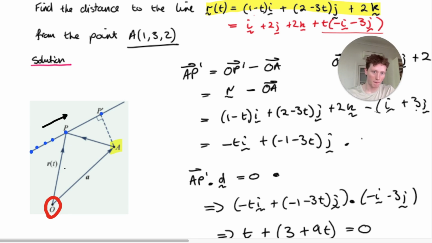And so when we're looking to find a distance, what's crucial is that, and why they've got this p prime in the diagram here, is that the actual shortest distance is always going to be perpendicular to the line.